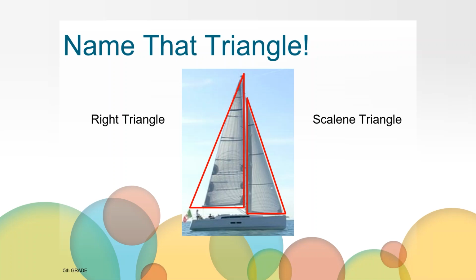Because of these square corners, we can call it a right triangle. None of the sides have the same length, so we can also call it a scalene triangle. We can use both names to describe a triangle. These sails are right scalene triangles.